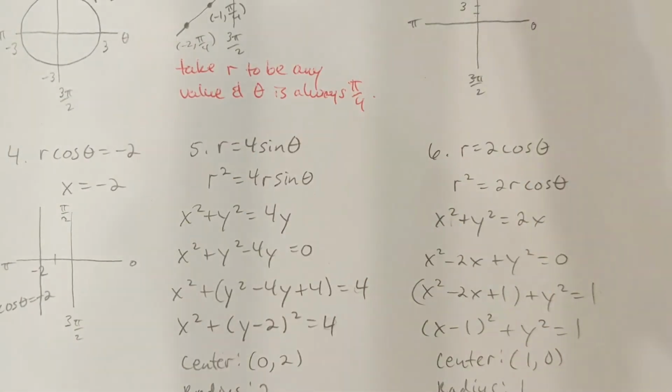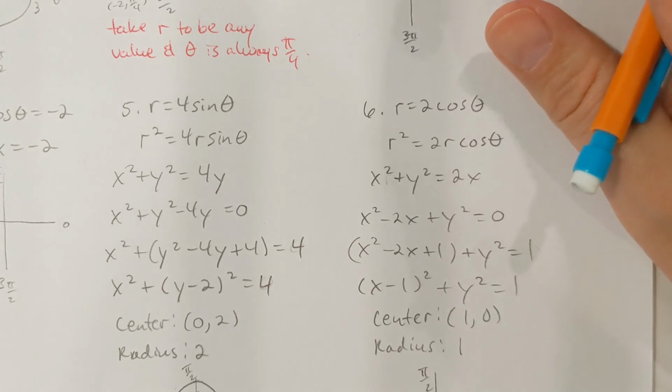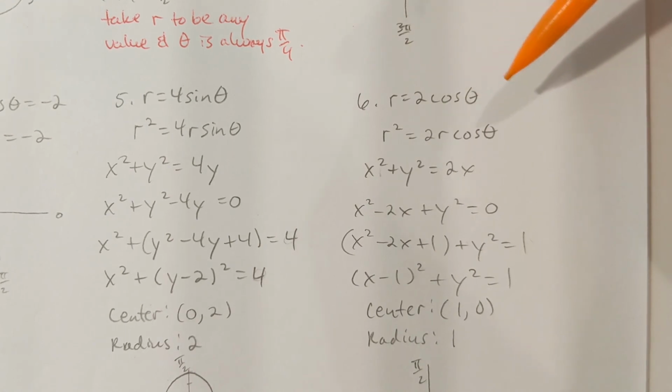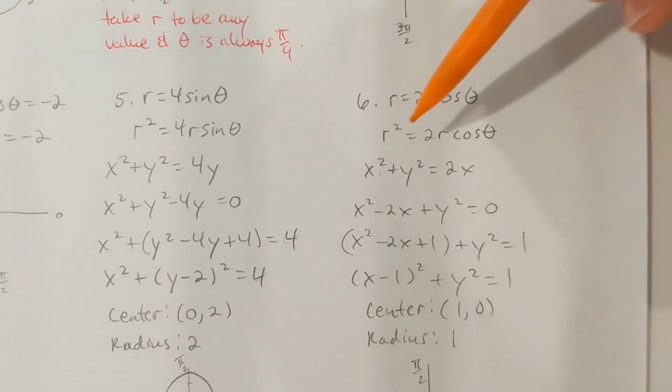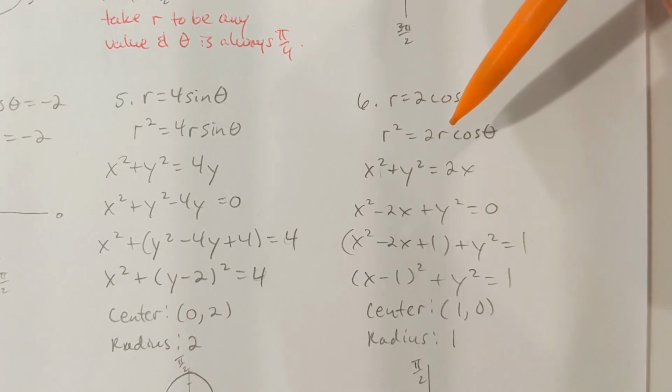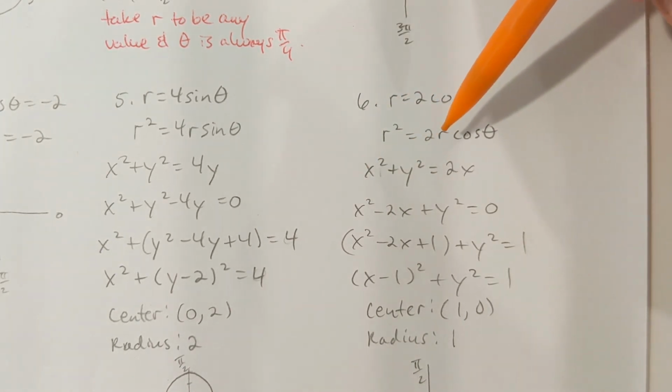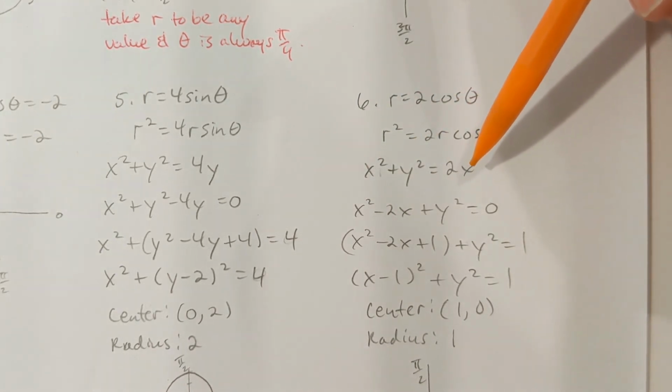Okay. Problem 6 will be a similar deal here, and then I'm going to have to complete the square. So r equals 2 cosine theta, what does that look like in rectangular form? Well, if I multiply both sides by r and use my conversion formulas, r squared is the same as x squared plus y squared. r cosine theta is the same as x.